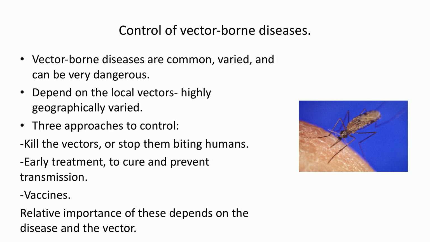And the three ways we can attack them are: attack the vectors by a variety of different methods, and I've talked in particular about malaria, but also some of the others; killing the infection, so if you've got an infection, the vector can't pass it on; and you can also treat people, so early treatment, and for some of them, I'm glad to say, vaccines, and the biggest triumph in the last 10 days is the malaria vaccine.